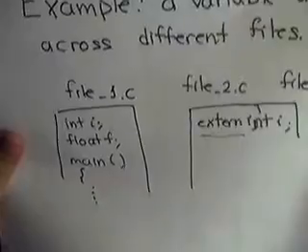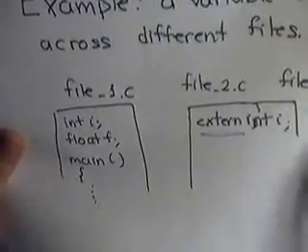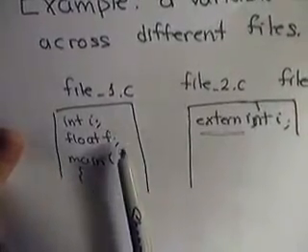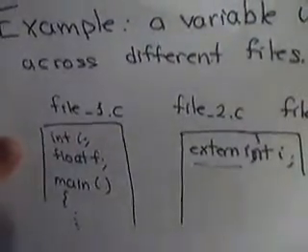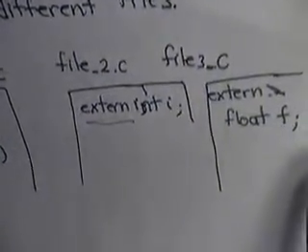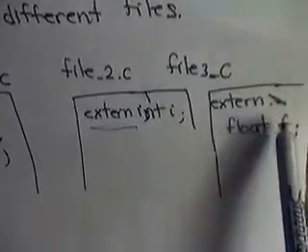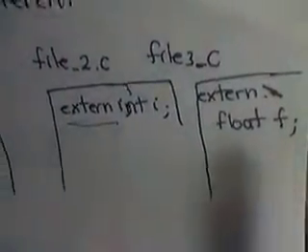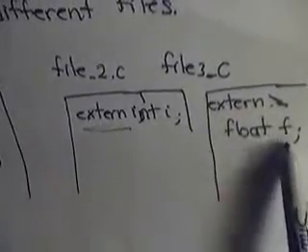And the same thing for extern in file3.c. In this case, we need to use float f, but float f is also used in file1 and needs to be used also in file3. So we use the keyword extern as a specifier, and then just follow with the declaration as before, float f.